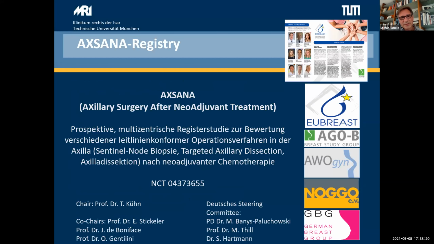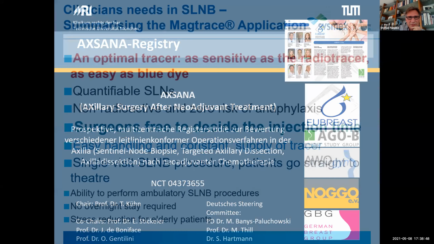And as I said, it is implemented in the AXSANA registry, so that we will have in a year or 1.5 years, from the last data set, more or less 1,000 to 1,500 patients. And then we are able to analyze and focus on all the problems regarding sentinel lymph node targeted axillary dissection in the context of primary chemotherapy.